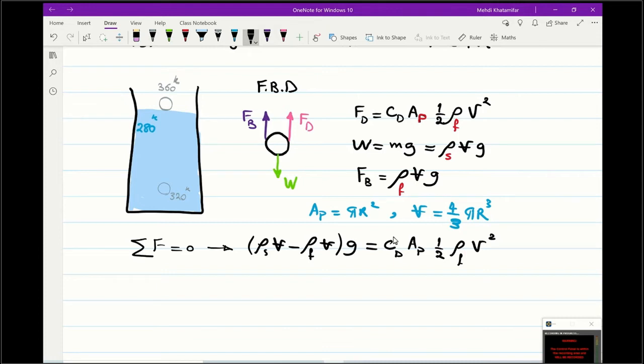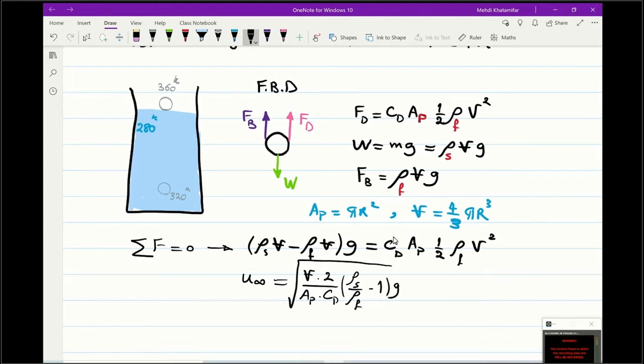I'm going to call this velocity u infinity, which is the terminal velocity. If we rearrange everything, we are going to have volume over projected area, over drag coefficient, times rho s over rho f minus 1, times g.